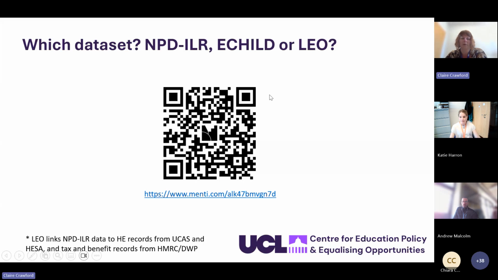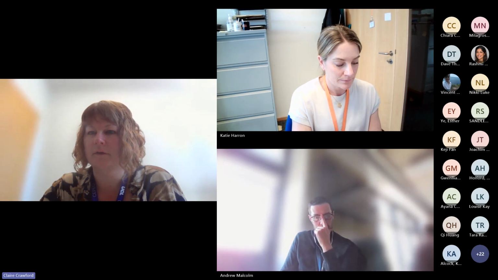So I'll just leave the QR code up for a moment, and then in a minute or so I'm going to stop sharing and move to the Menti screen so we can look through the results. If anyone's having problems with it, please do shout out. Okay, so I'm going to stop sharing that screen and share the Menti screen now instead.